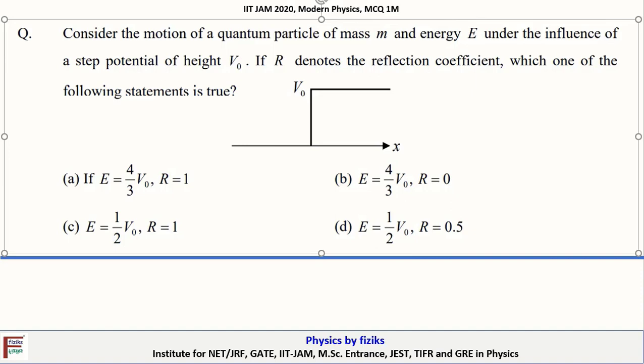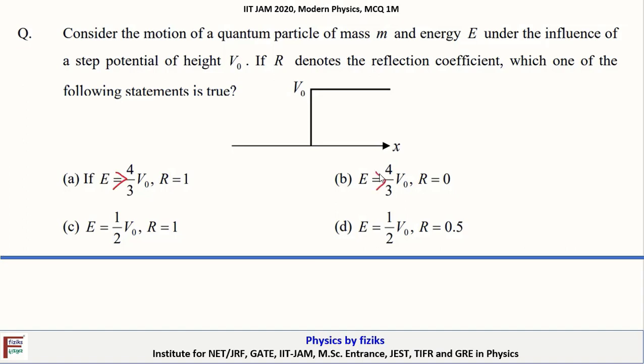Let us check the energy of the particle with respect to the height. Now we just focus on two things. Case 1: E equals 4 by 3 V0, which is greater than the height V0. Case 2: E equals V0 by 2, which is less than the height of the barrier.